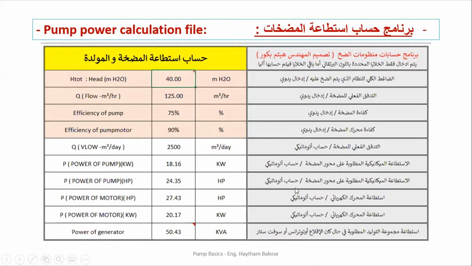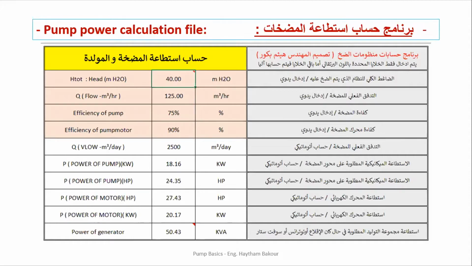For the vertical and horizontal pump, there is no difference at all. The difference is only regarding the work settings and the place. The vertical pump doesn't require much space, while the horizontal one needs more space.